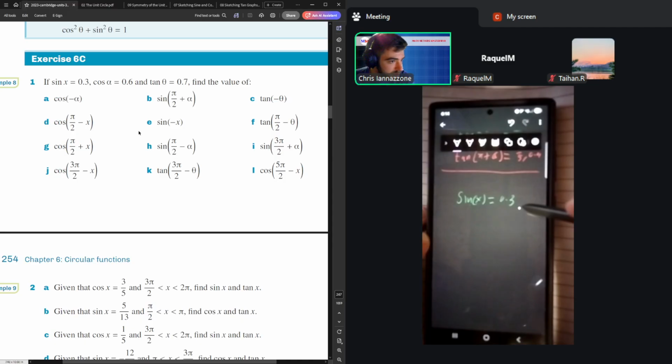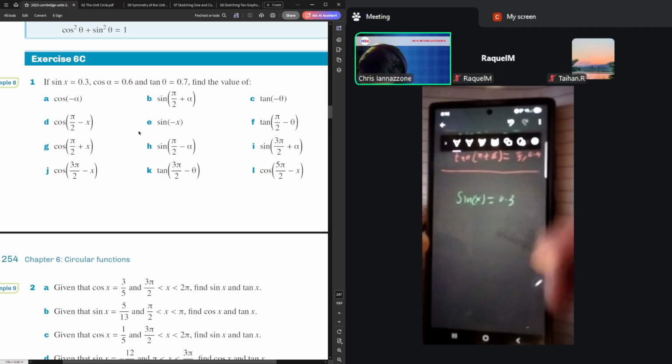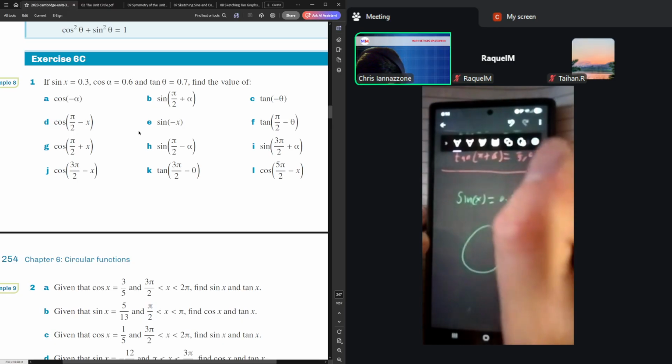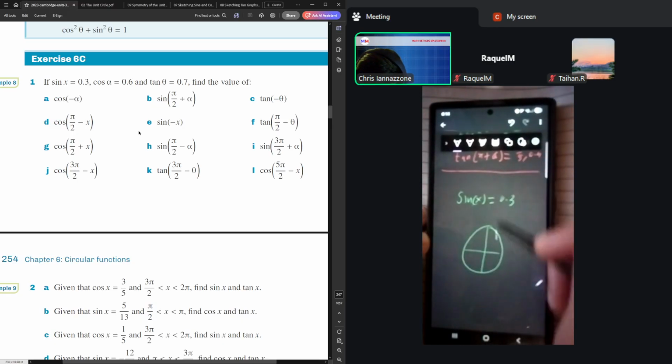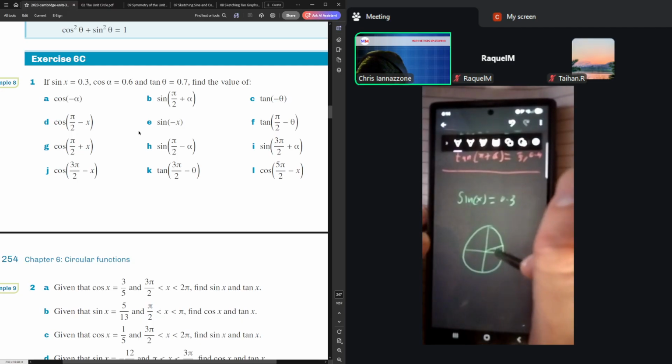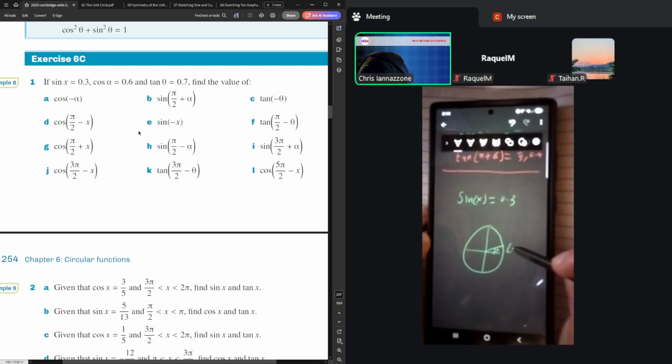We'll skip the ones we've already kind of done, and we'll just focus on the pi over 2 and 3 pi over 2 type angle stuff. We all know how to do the reference angle at this point, so I'll just get that one done. X, comma, 0.3.